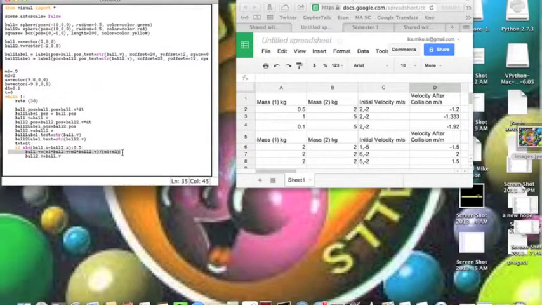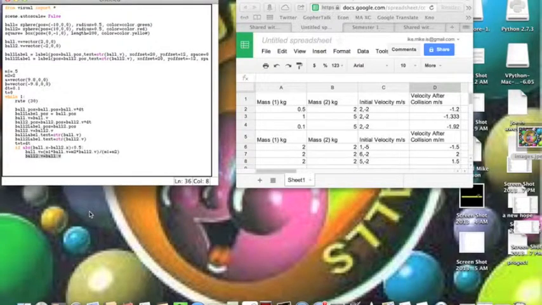The mass of ball 1 times ball 1's velocity plus the mass of ball 2 times ball 2's velocity, all divided by the mass of both, creates a new velocity for both balls after the collision. Ball 2 velocity and ball velocity we tell to be equal to each other, so after the collision they will both be at the same speed.